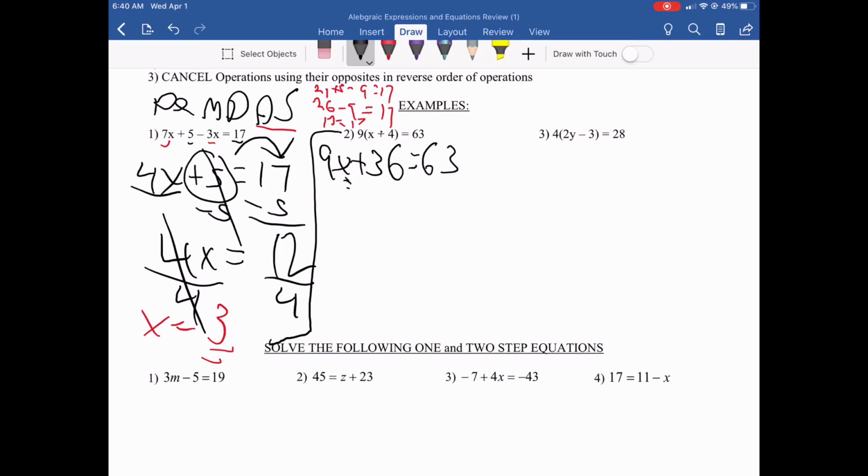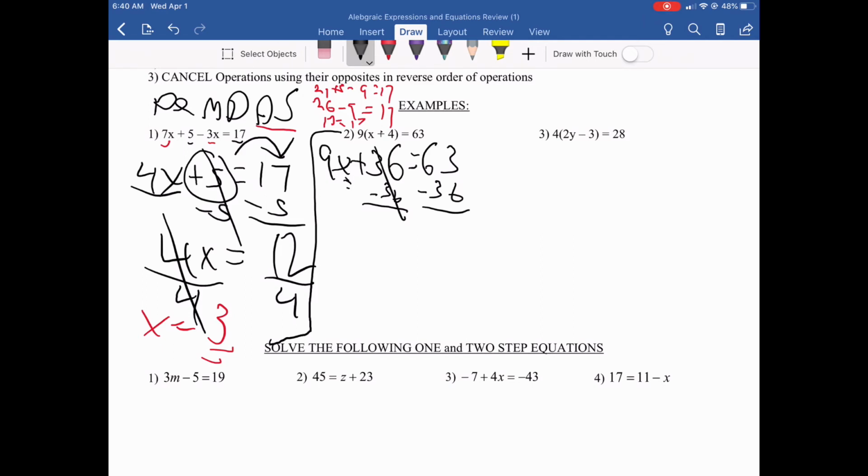Again, you want the variable, which is x, by itself on this side. First thing you're going to do is bring this over here. When you do that, this becomes negative 36. That goes away.